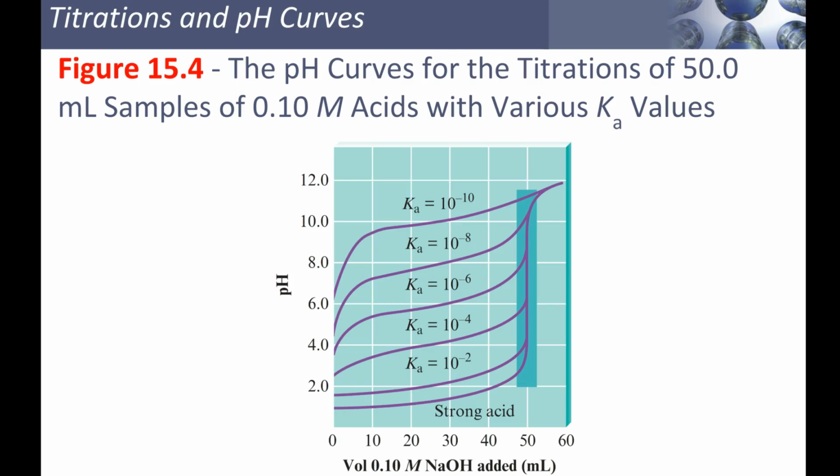That doesn't have that steep line going up. But when you're dealing with something like a strong acid, look where the pH is, like a 1. And as you're adding the strong base, remember that it's going to shoot up to this. And so it's going to look very different than this curve right here.